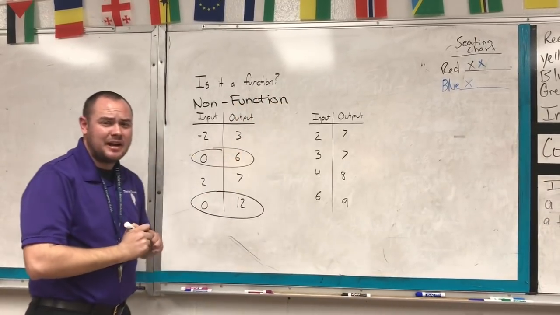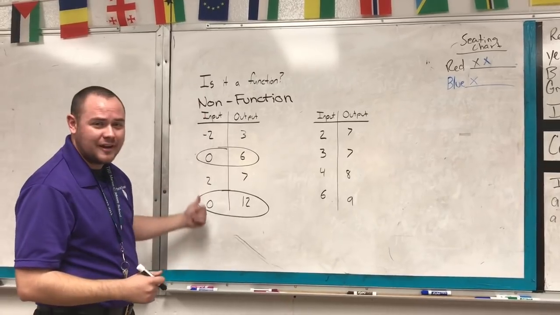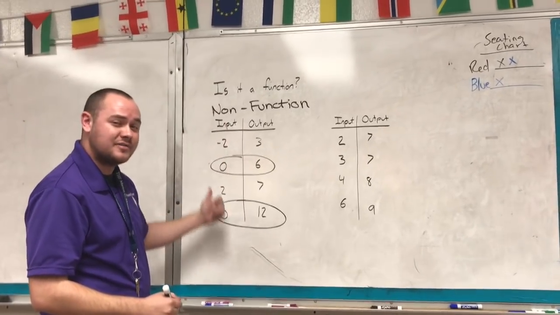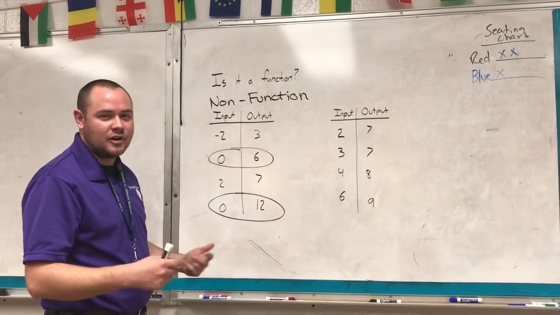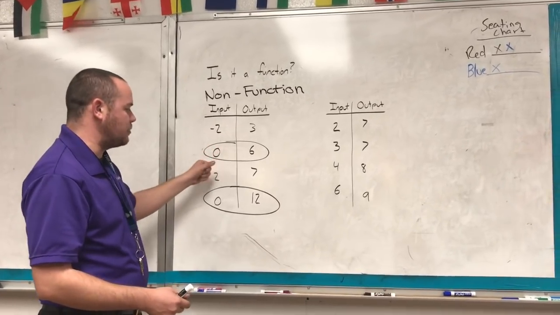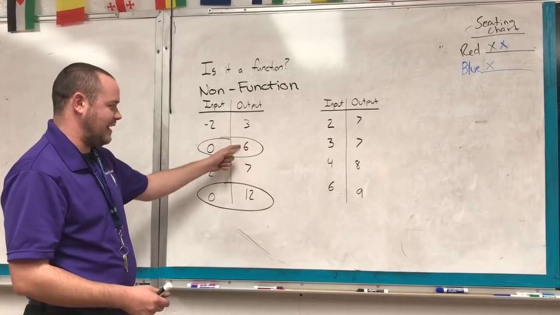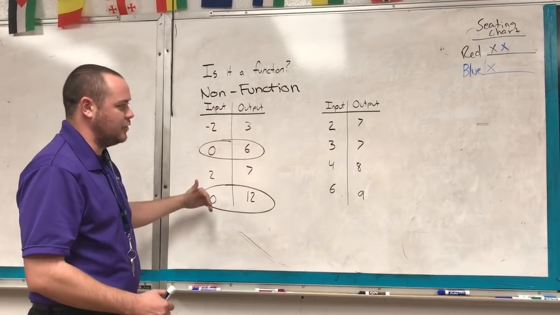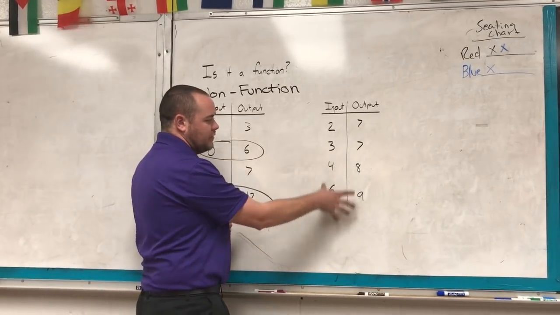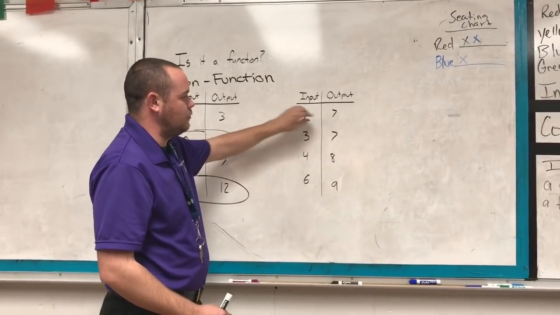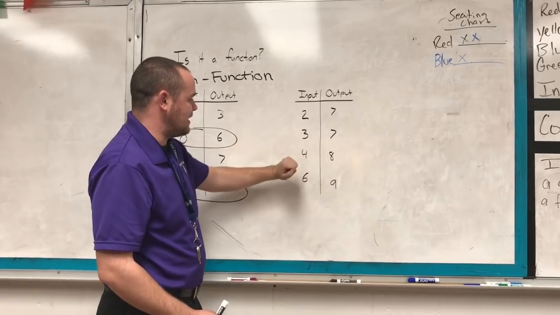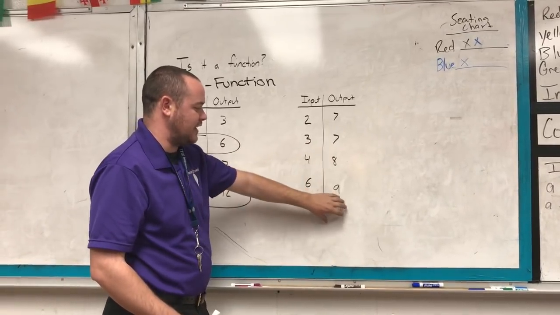Sometimes I like to just look at our inputs, our x column, our x values. If an x value repeats, then chances are it's not going to be a function. You probably want to double check that they have different outputs, but the input is really what we care about. In this example, if we look at our inputs, if we place 2, we get 7, 3, we get 7, 4, we get 8, and 6, we get 9.